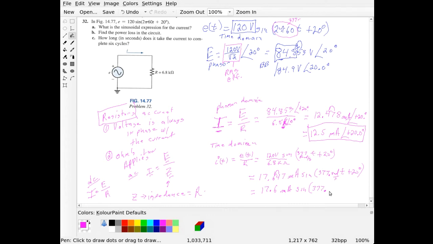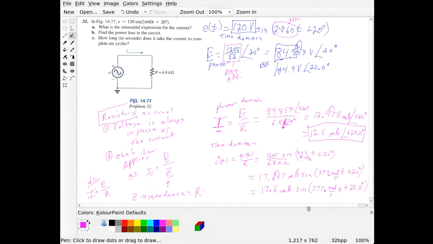I'll never mark it wrong for having the decimal point there, even though technically, since it doesn't end with a 0, I would also accept it as just 377. And I like to put the units there, radians per second, and then the 20 degrees at 3 significant digits should be 20.0 degrees. That's how we would want to put that in Blackboard.